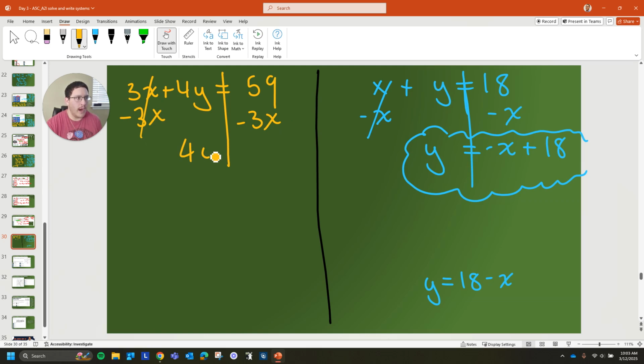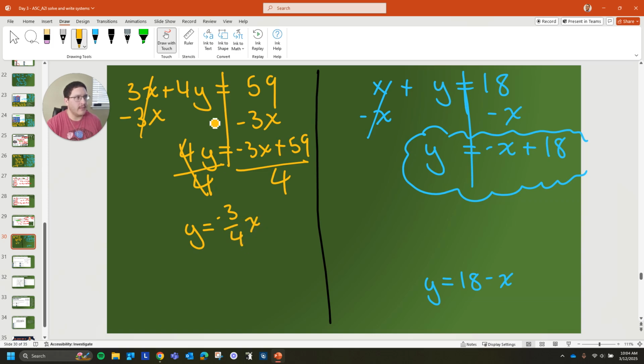And we get 4y equals negative 3x plus 59. I'm now going to divide everything by 4 over here on the right side. And I have y equals negative 3 over 4x, because 3 divided by 4, you can't actually do anything.